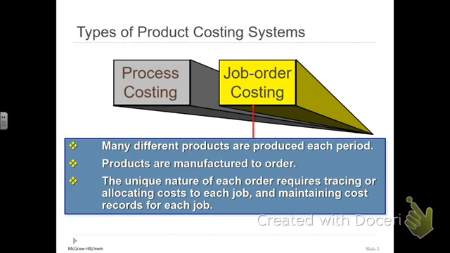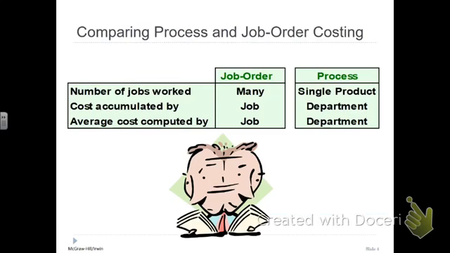If you work for a construction company that builds decks, they're going to keep track of the costs for that particular deck or bathroom addition. Those are all good examples of where you would use job order costing.